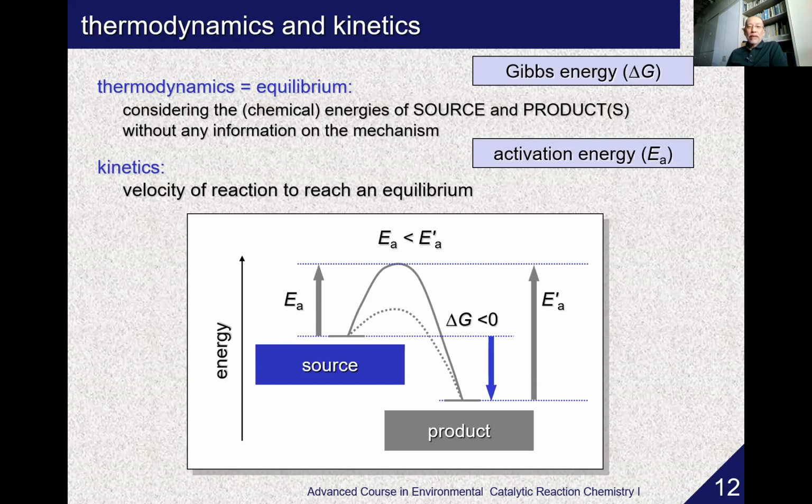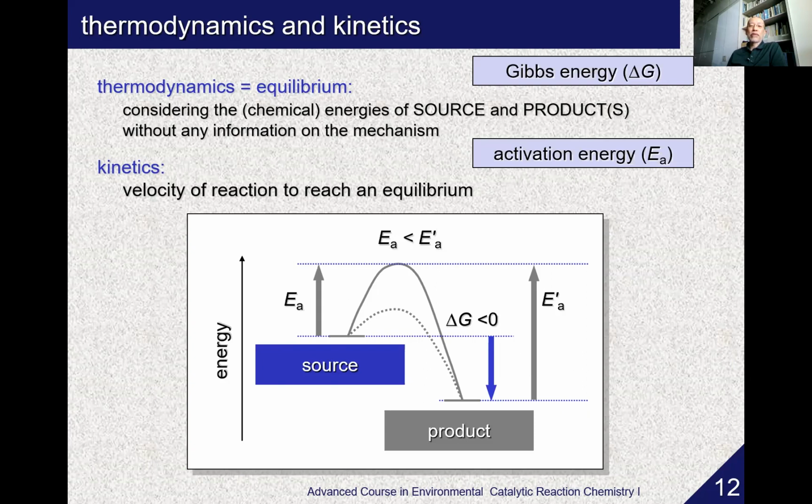In that case, thermodynamics tells the difference of energy between two states, source and product. And the difference of Gibbs energy is important to predict how the reactions proceed. In this case, the energy of the source is higher than that of the product. Therefore, the reaction proceeds to the right-hand side, so the source is converted into product.